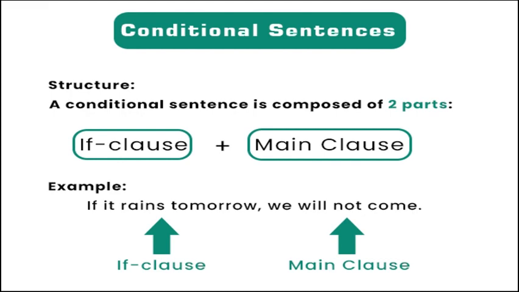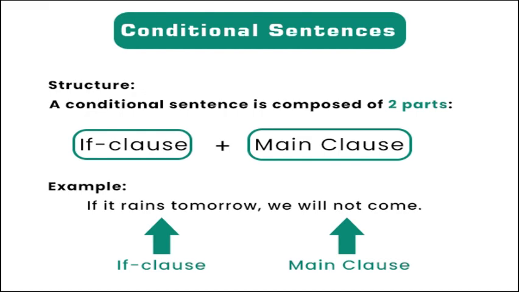The if clause is not a one-time thing where it just appears on two conditionals and that's it. It appears at every single conditional, just like the main clause. A random example here: if it rains tomorrow, we will not come. You can see the formula in this sentence.